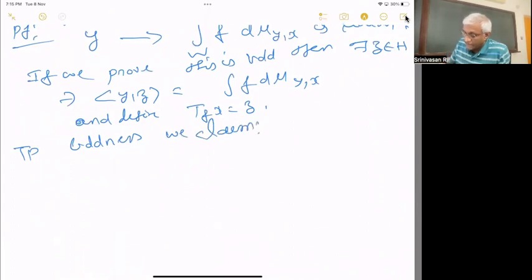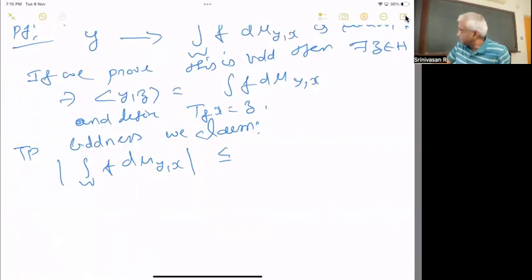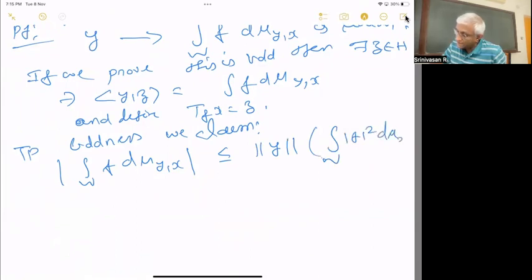We claim the norm, mod of the integral over omega of f d mu yx, is less than or equal to norm y times the integral over omega of mod f square d mu xx, that is xx, then the whole power half. Okay. So we claim this.